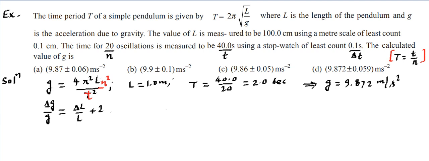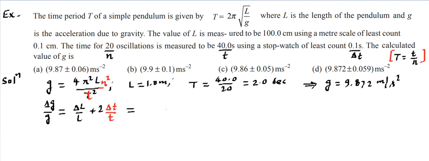So it's going to be L that brings the error, that's delta L by L plus 2 times delta T by T. This is the correction which I have made with this different color. So please note this, and then we can go ahead. What is happening is, if there is some constant or fixed number, that's not going to play any role in the error.